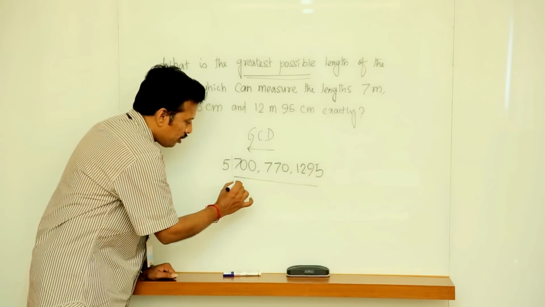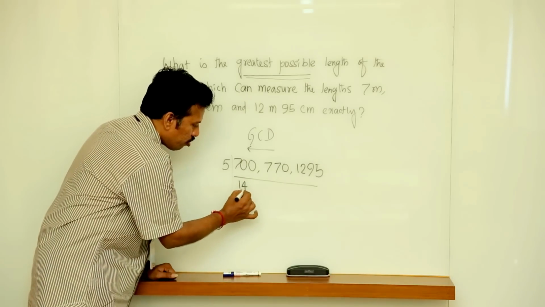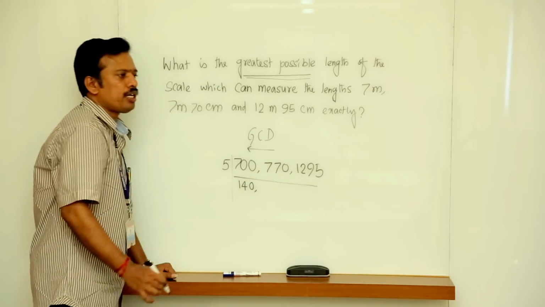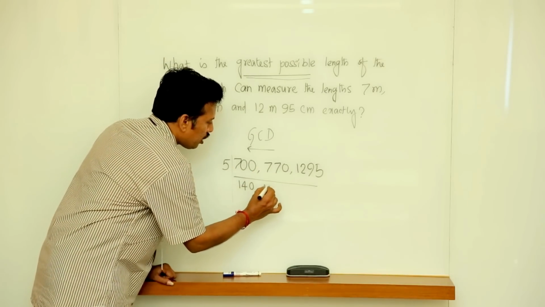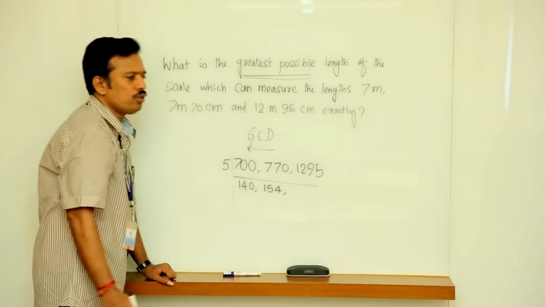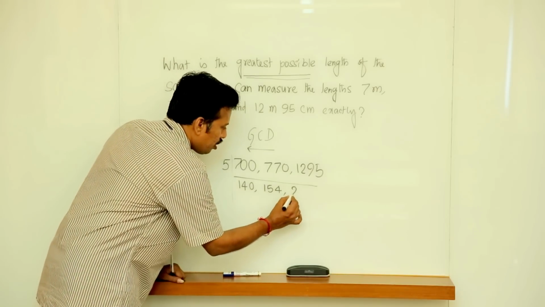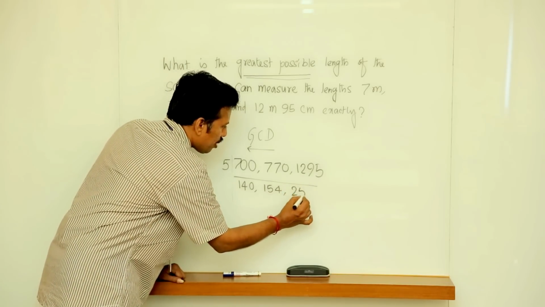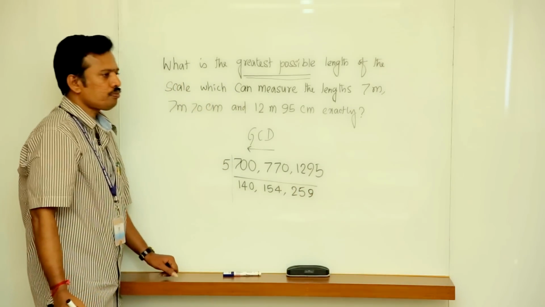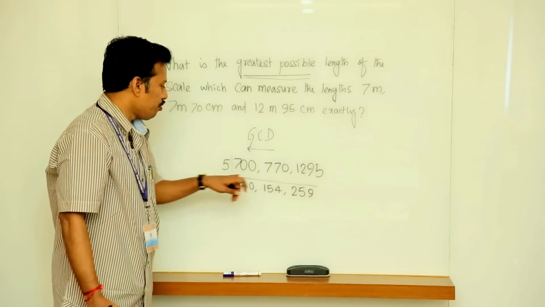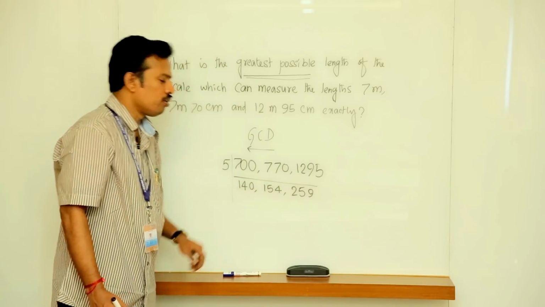Let us remove that, divide by 5. 700 is divisible by 5, 140 times. Then 770: 15 into 5 is 75, then 4 times it is 154. 1295 when you divide by 5, 259.